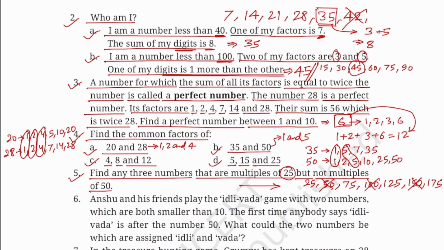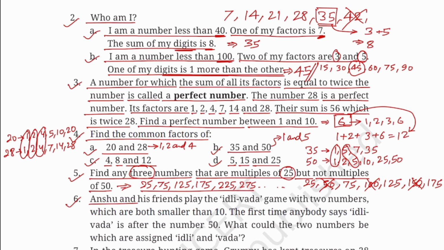You can write any number from all these. The answers could be 25, 75, 125, 175, then 225, 275, and so on. You have to write only three numbers from these numbers.